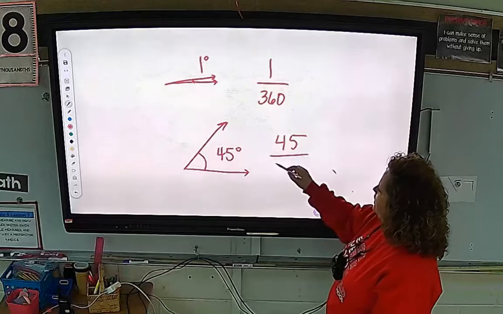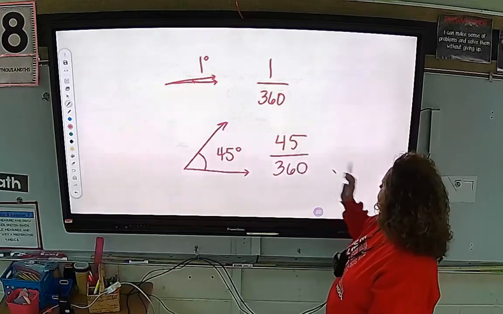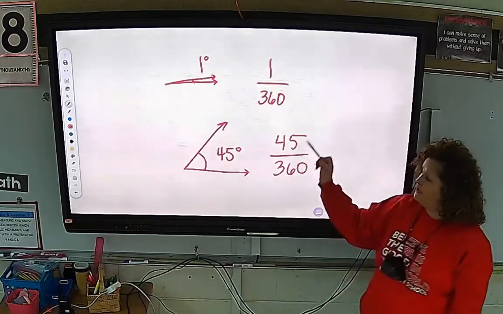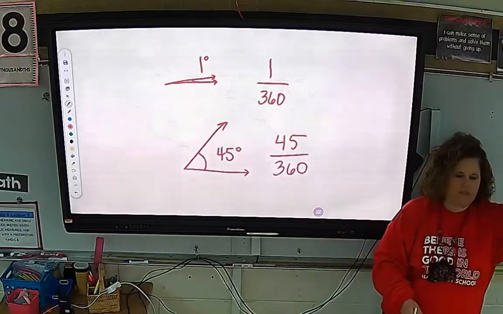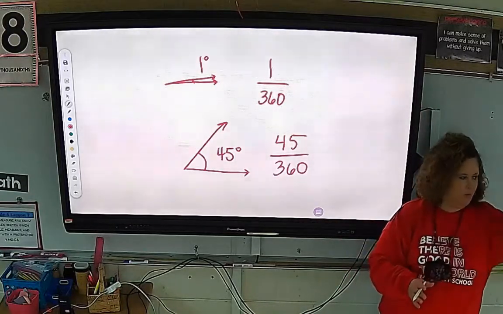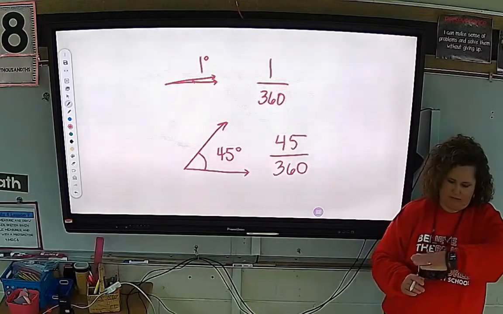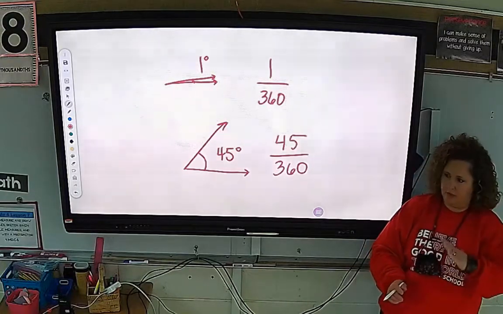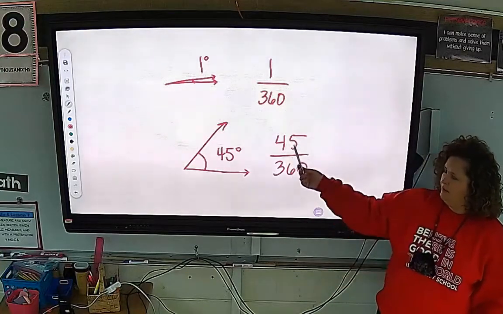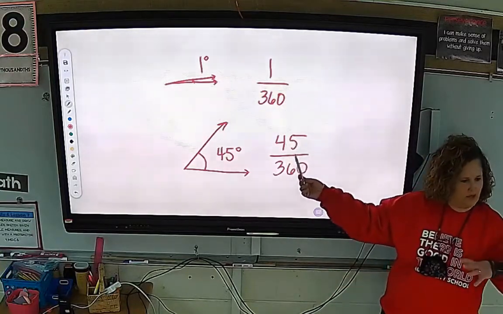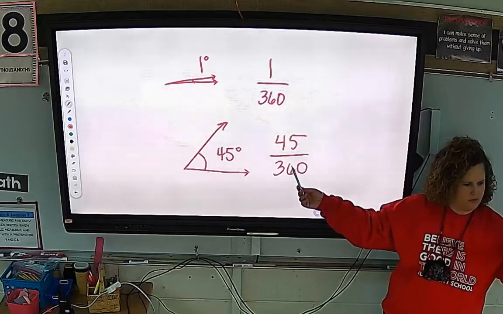All that fraction is, guys, remember back to our fractions, is how much I have over how much is in the whole. So 360 degrees is what it takes to have the whole circle. If the top of the angle went all the way around, full rotation, however you want to say it. But if my angle is only 45 degrees, that's all I have. I just have that much of the circle.